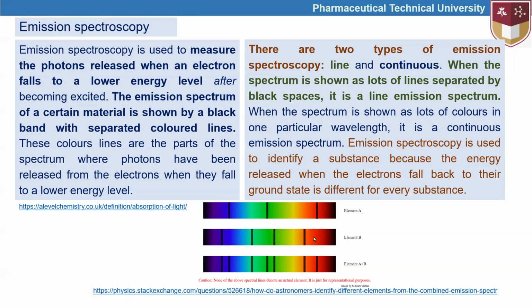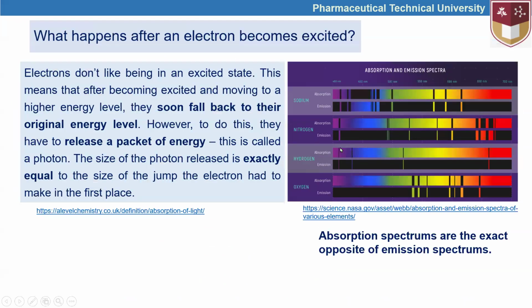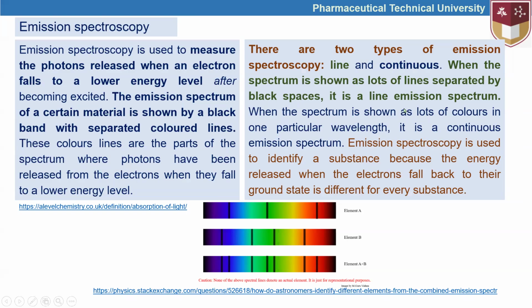the absorption. I apologize for the figure. It could be different. This is the absorption figure, and in emission, it could be like this. I want you to understand the differences between the absorption and emission spectrum.